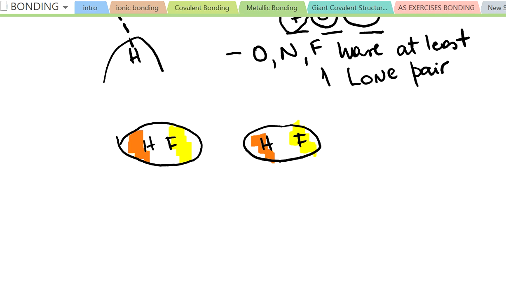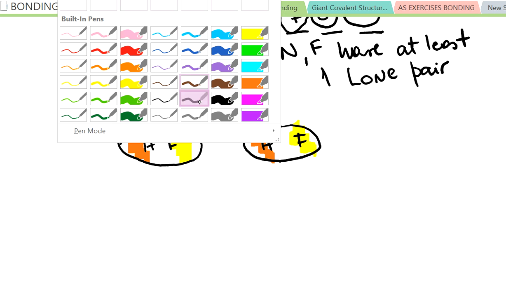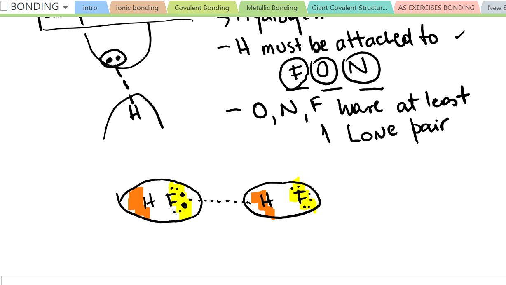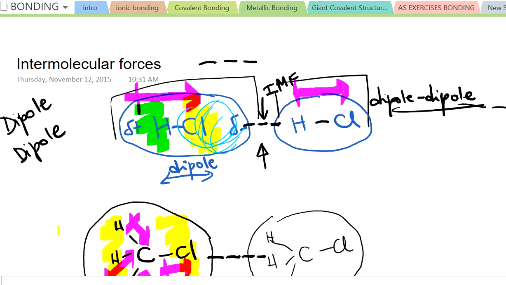The lone pairs, actually, let me put the black thing. The lone pairs 1, 2, 3, 4, 5, and 6. 1, 2, 3, 4, 5, and 6. This lone pair, let's say, is attached to this hydrogen here. Is that clear? Now, this bond, the hydrogen bond, is much stronger than the dipole-dipole.